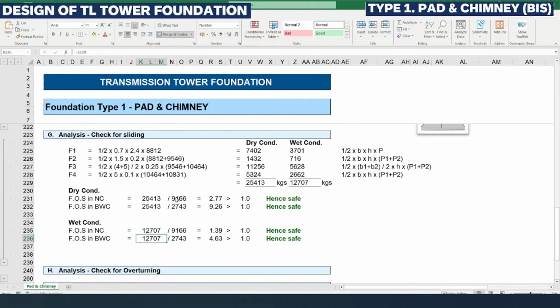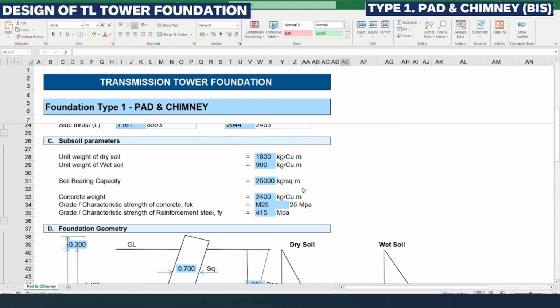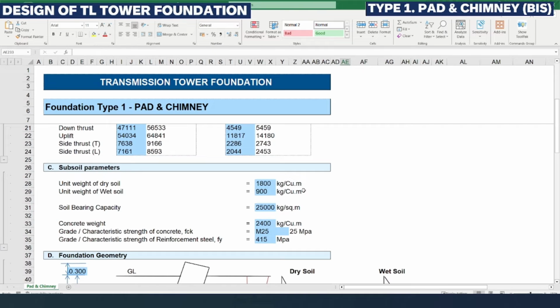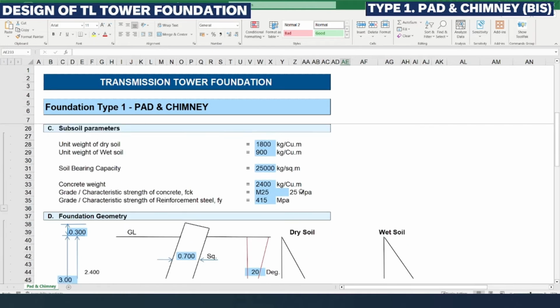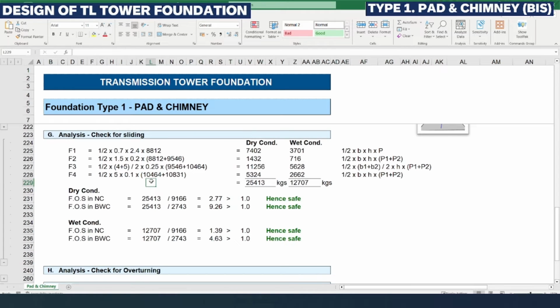So that divided by the thrust force will give the resistance factor, which should be greater than 1. Hence we can call it safe. Why we are not doing that is the concrete weight is heavier. Also, if we consider the soil weight also, that case will not be a critical one. Only this sliding case is more critical. So that's why we are considering this.